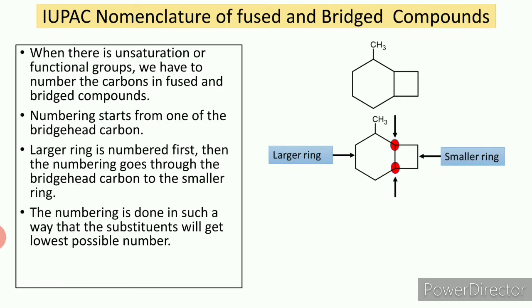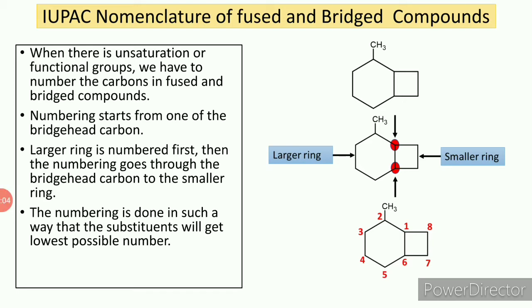Numbering starts from one of the bridgehead carbons by rule. The larger ring is numbered first, then the numbering goes through the bridgehead carbon to the smaller ring. The numbering is done in such a way that substituents get the lowest possible number. By following all these rules, the correct numbering in this compound can be done like this.